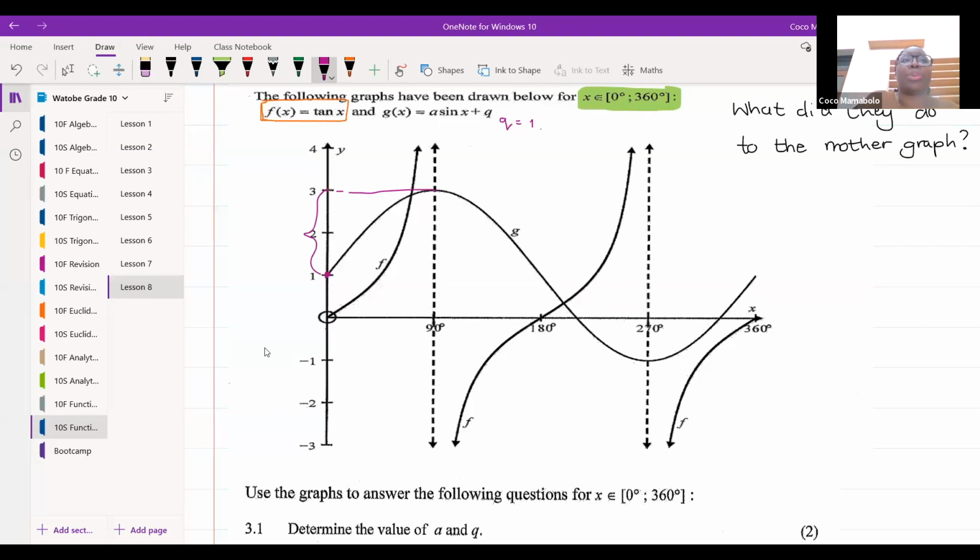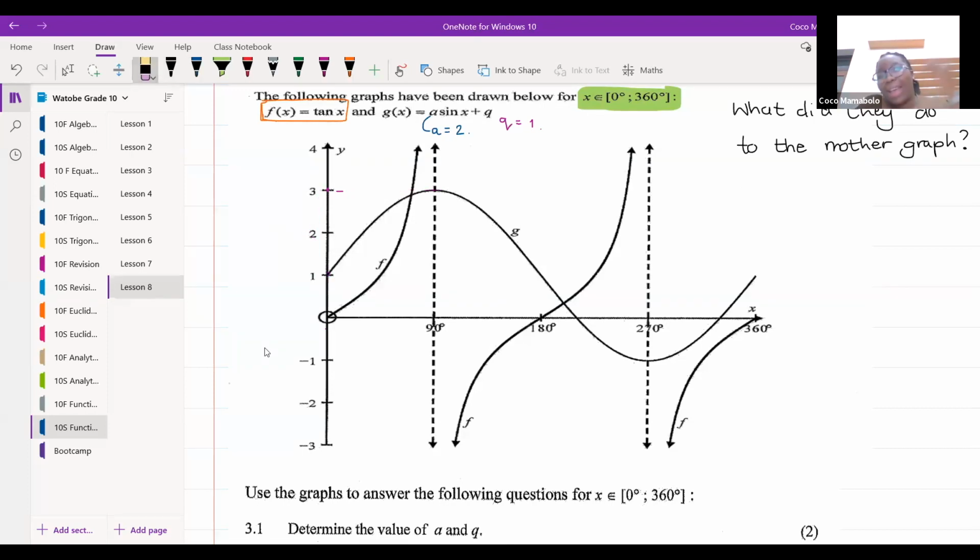From 1 to 3. It's moved 2 up. So my amplitude is now 2. So what is my value for A over here, guys? A is equal to 2. Excellent.